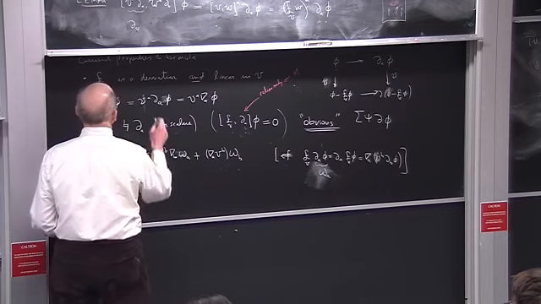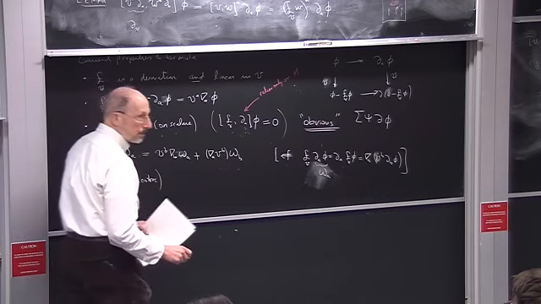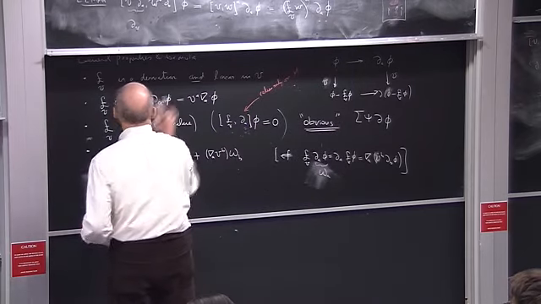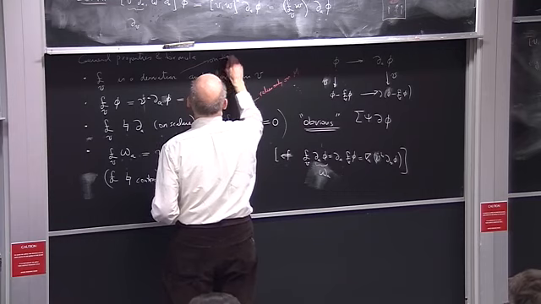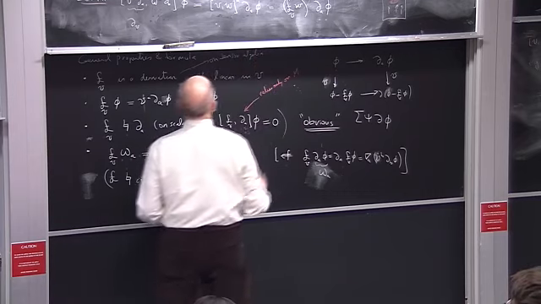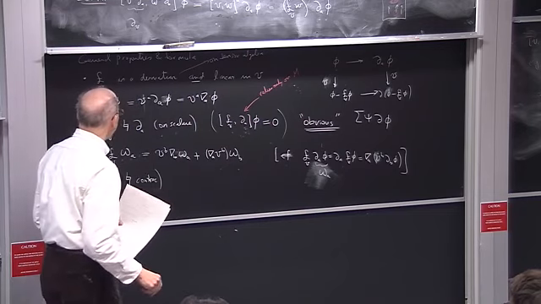I didn't write it because that's part of the definition of a derivation. So I didn't have to say that. So it's a derivation, maybe I should have said, on the tensor algebra, on the full total. Part of the definition of the tensor algebra is the contraction operation.